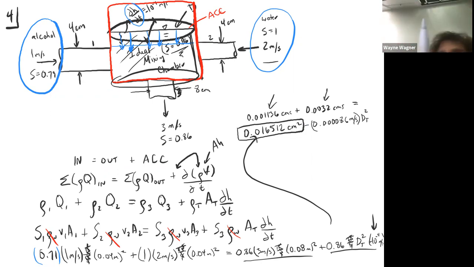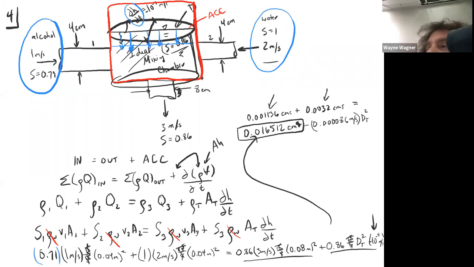All right, so then we'll go ahead and say 0.001136 plus 0.0032, and we'll subtract 0.016512 equals that number. Oh, wait, this is CMS. It just looks ugly. Okay.